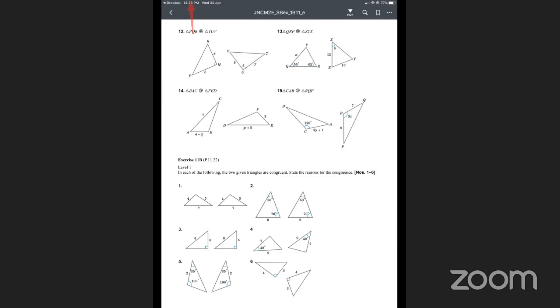Now, if you look at number 12, you are given the triangles. Okay, they are congruent. Then we can see that we need to find x first. And x is RQ.